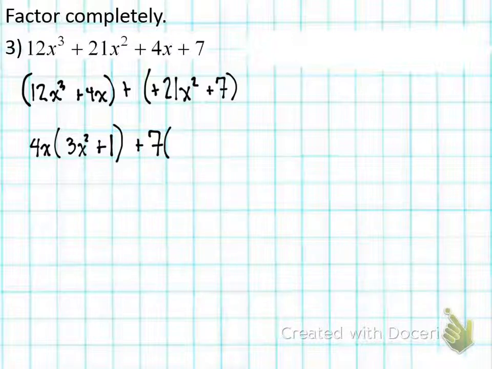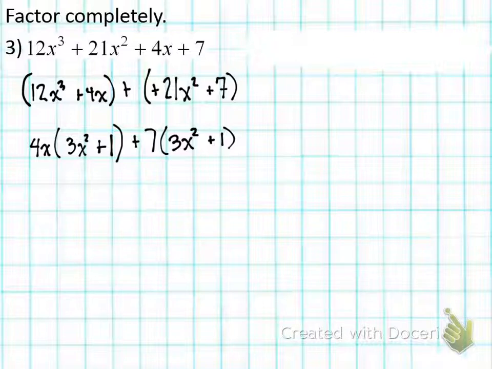Okay, 7 times what is 21x squared? 3x squared, right? Positive 7 times what is positive 7? Okay, 3x squared plus 1, right?